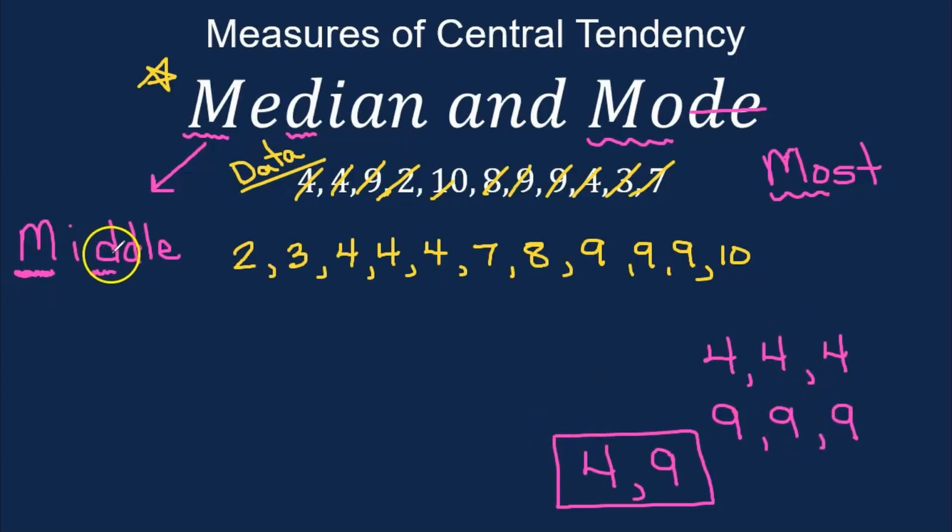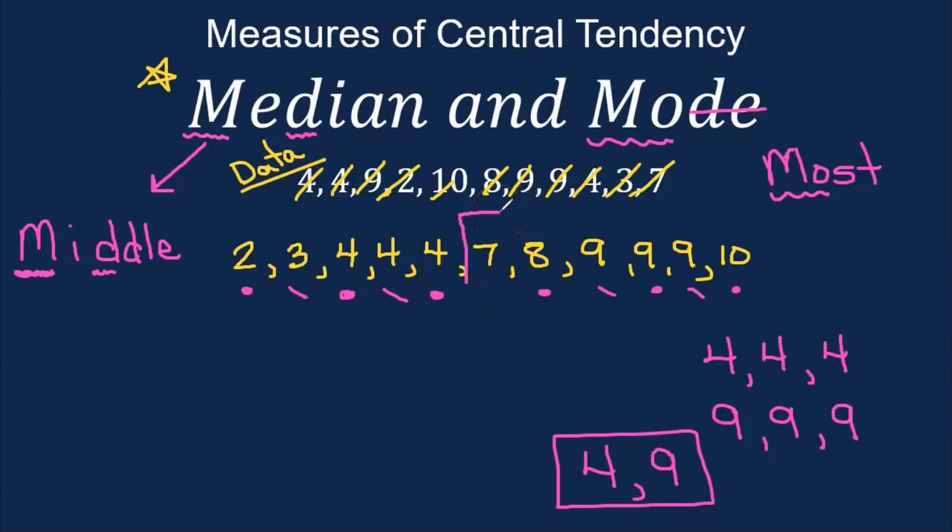The median is the middle. And so in order to find the middle, we need to start counting from the outside. So this is 1, this is 2, 3, 4, 5, 6. So we have 1, 2, 3, 4, 5.